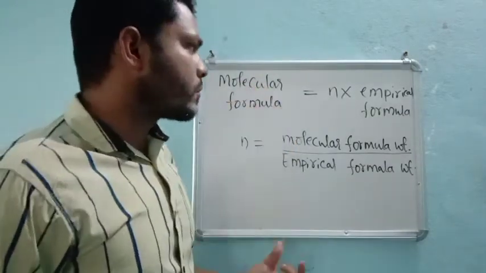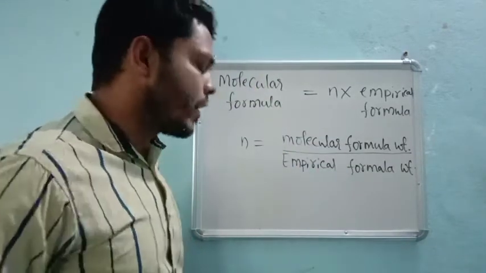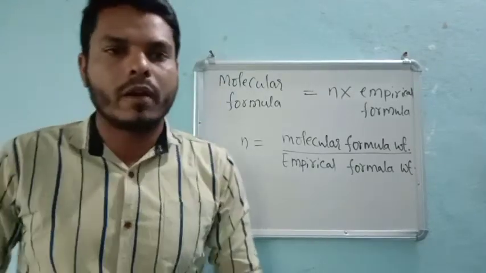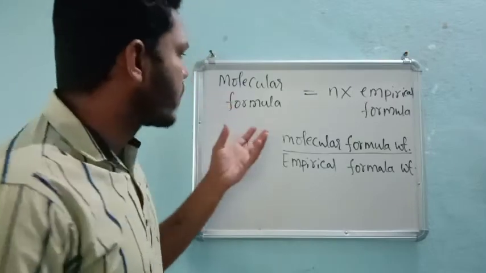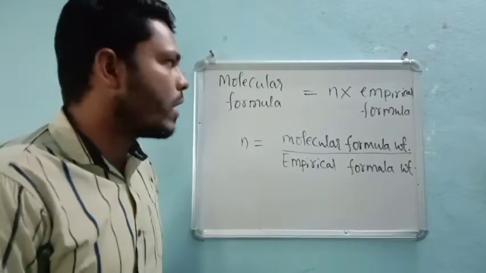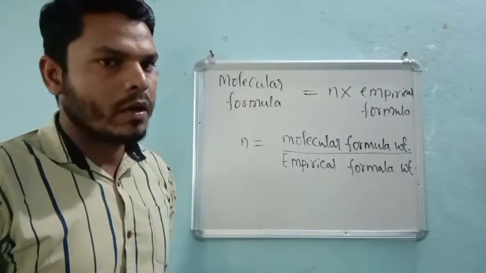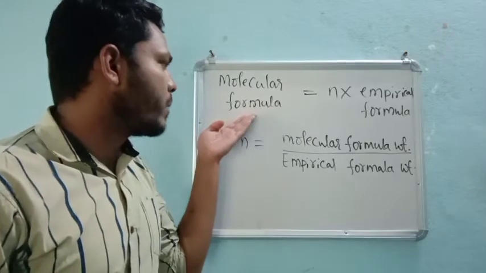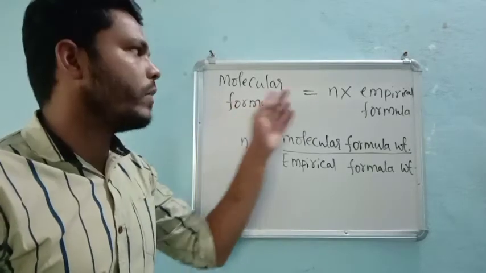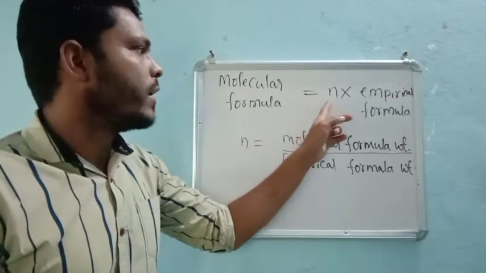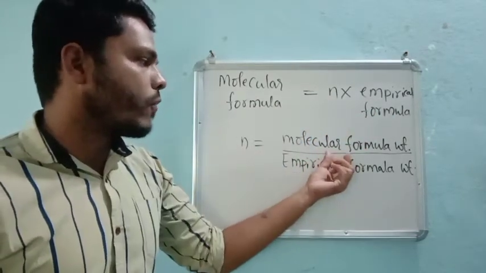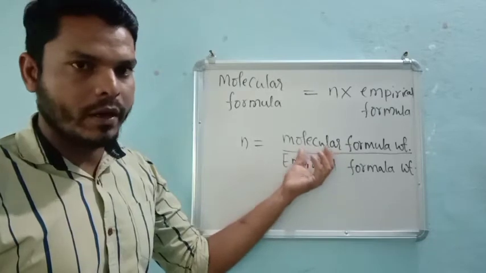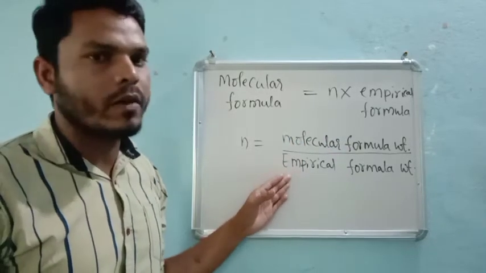So this is the overall idea about the molecular formula as well as the empirical formula. You just remember what is molecular formula and what is empirical formula. If they ask you to calculate the molecular formula, we need to apply n into empirical formula, where n is molecular formula weight divided by empirical formula weight.